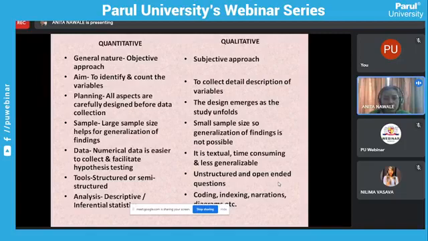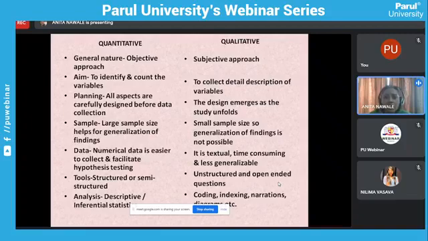Researcher as an instrument: as I told you, in quantitative we use different instruments, like the questionnaire, the checklist, the Likert scale, and standardized observation tools. But in qualitative we do not have these. So the researcher himself or herself becomes the instrument of data collection. That person is completely involved in the data collection process.